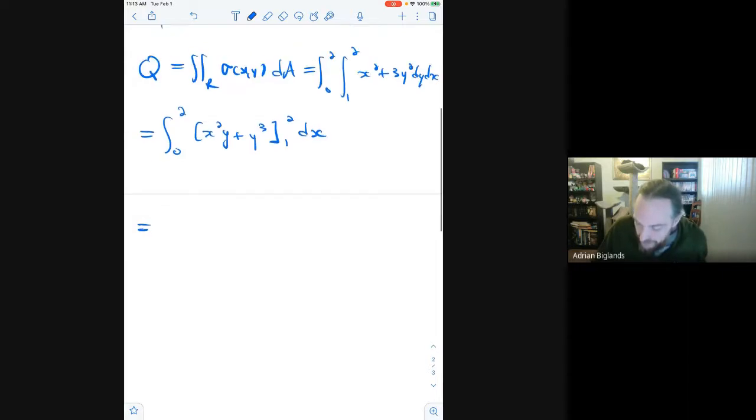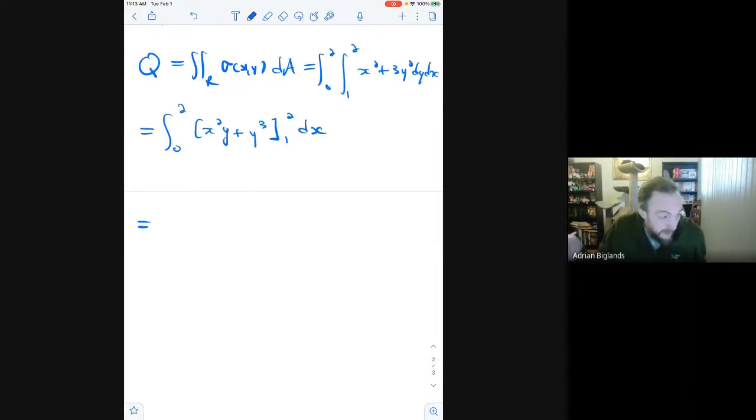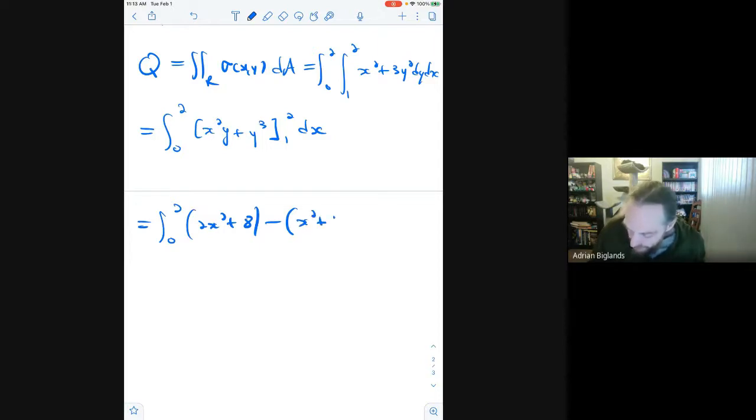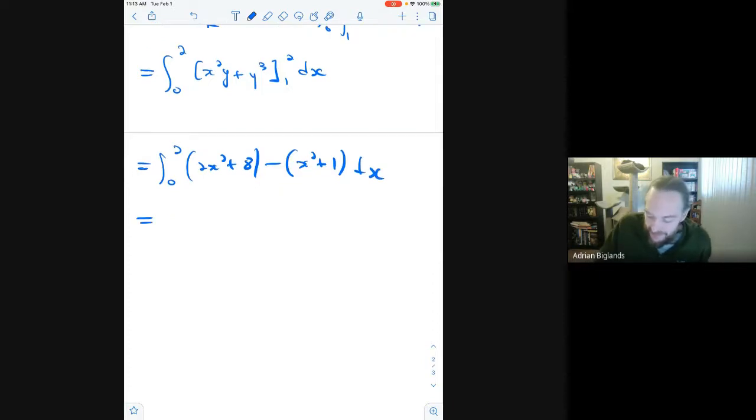This equals the integral from 0 to 2 of, I put 2 in there, so I'm going to get 2x squared plus 8 minus, I put 1 in, I get x squared plus 1 dx. Simplifying this, I'm going to get the integral from 0 to 2 of x squared plus 7 dx.